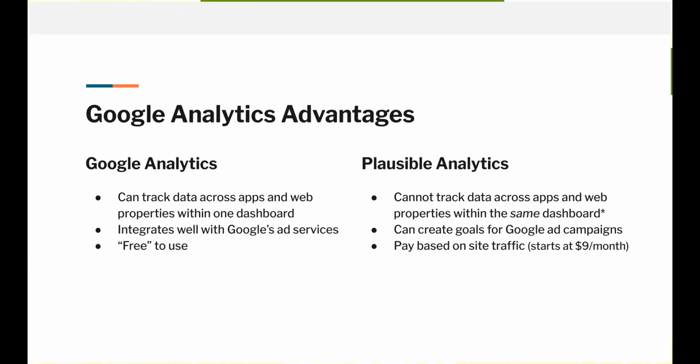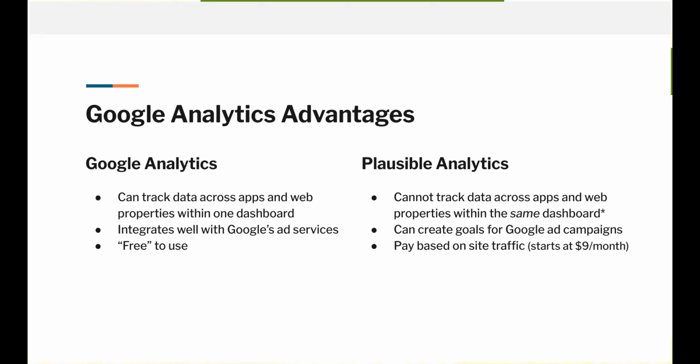For example, if I visit one of your sites, and from there I'm directed to another sister or sibling site, you can configure Google Analytics to track that single session and see that behavior between web properties or apps in a single dashboard.